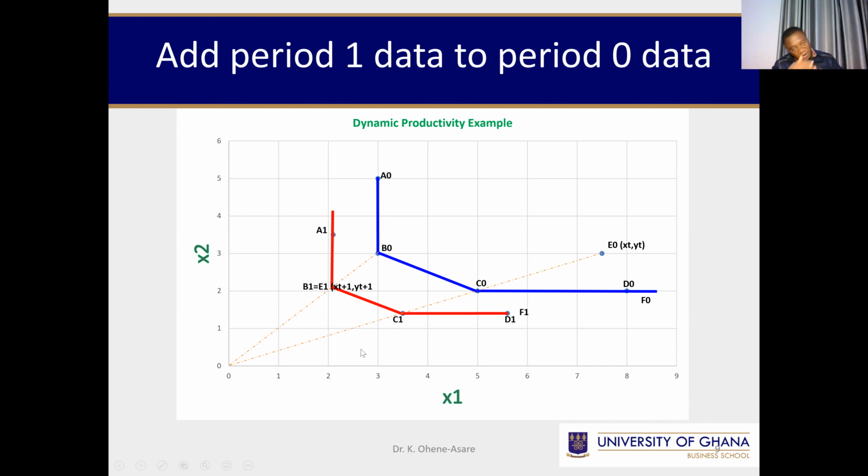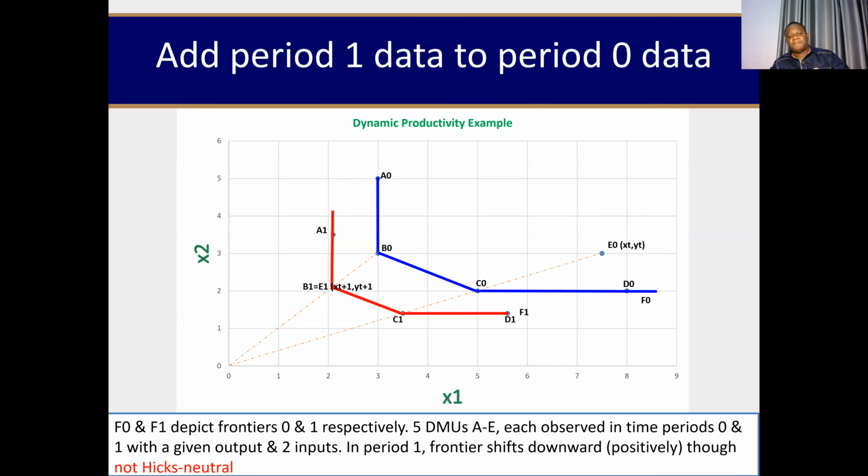It is parallel, but moving towards the other section, you can see that the frontier is no longer parallel. This is an important trend and we'll be coming back to that.